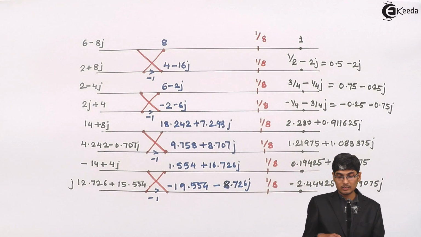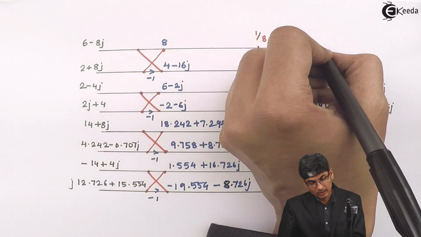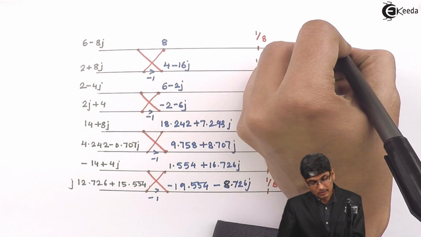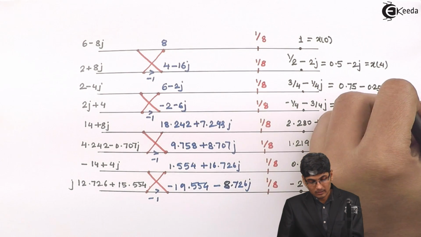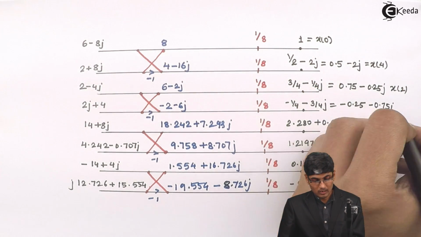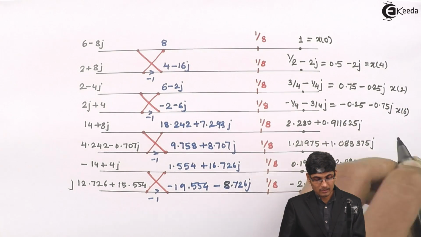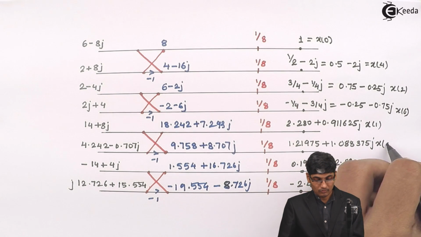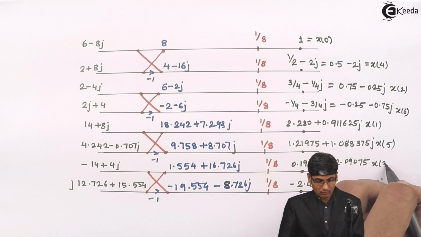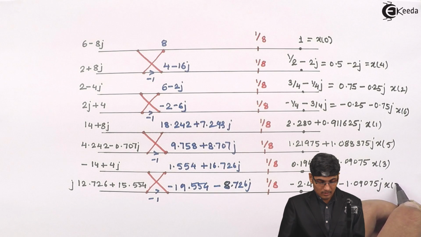Okay. Just to give the sequence value, this sequence is x of 0, this is x of 4, this is x of 2, this is x of 6, this is x of 1, this is x of 5, this is x of 3, and this is x of 7.